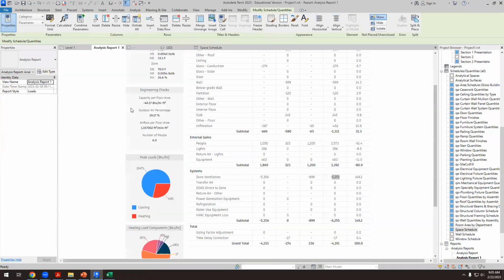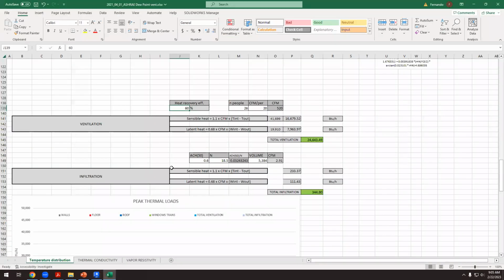Okay, so this is what we're doing. First, we try to understand what Revit has done. And according to what Revit has done, I think there's a room for improvement in infiltration because Revit has considered that our building is not a very tight building.